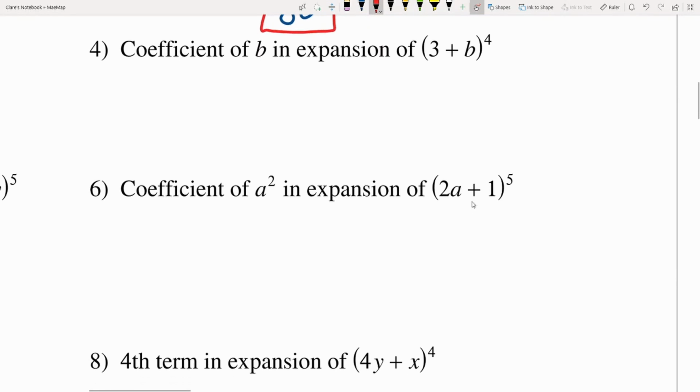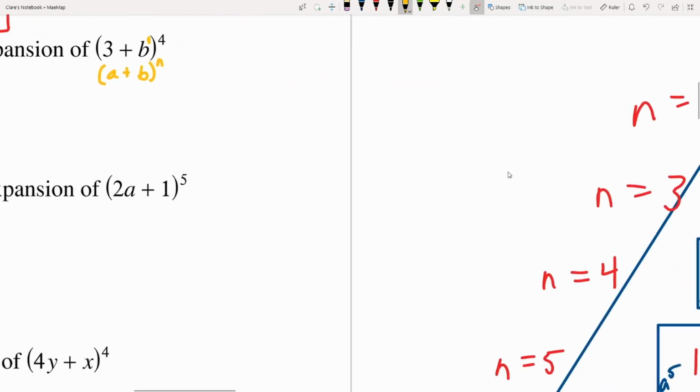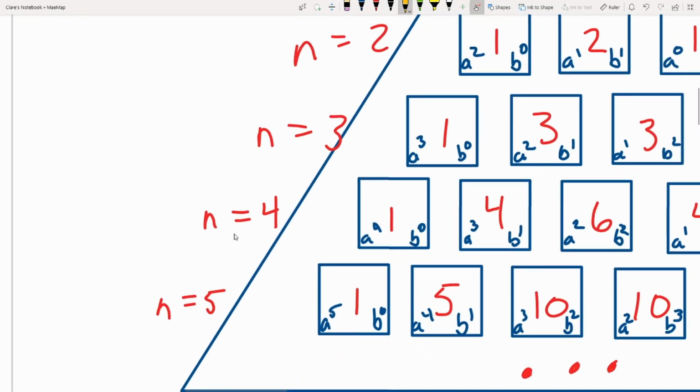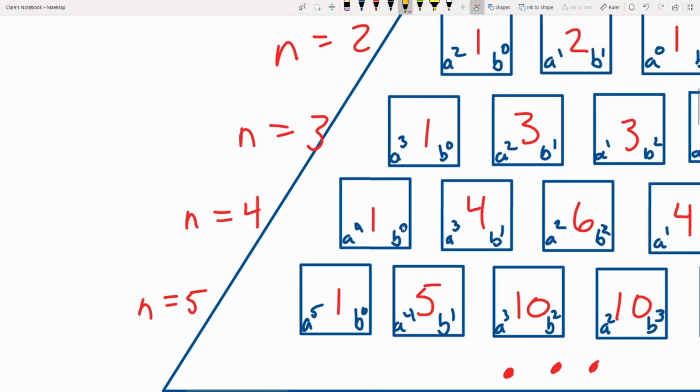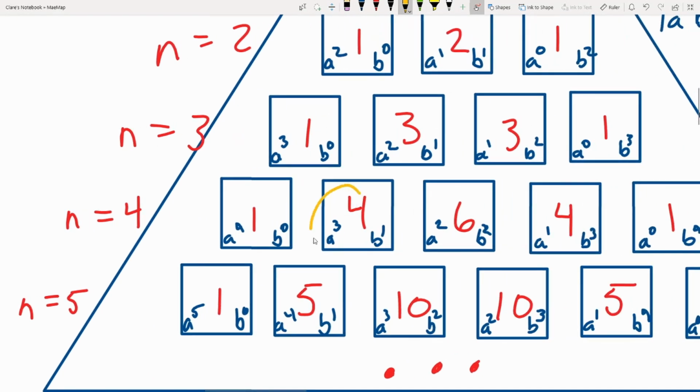For number 4, we're looking at the coefficient of b in the expansion of (3 + b) to the 4th. So this is (a + b) to the 4th, where b is equal to b, our n value is 4, and 3 is a. So we're looking for the coefficient of b, which is b with a degree of 1. Going over to our triangle, looking at our 4th degree, we're going to try to find b to the 1st, which is right here. So that's going to be 4a cubed b.